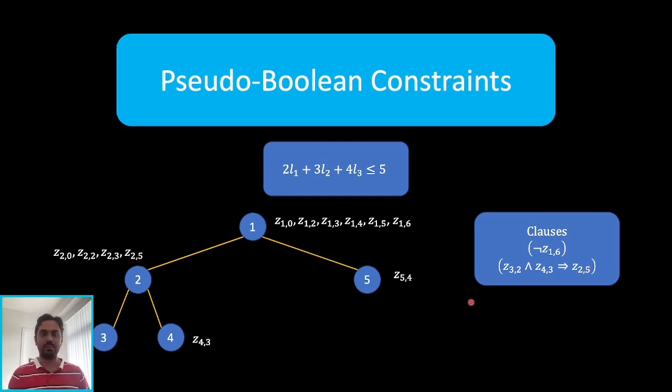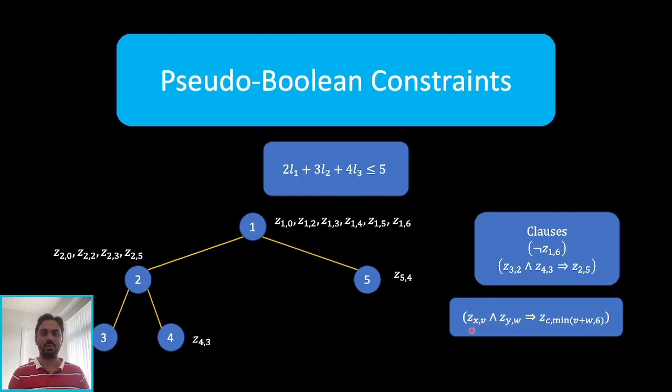In general we can have clauses like this. At node x the sum value v Boolean is on, and at node y the sum value w is on. If these 2 are on, then that would imply, at the common ancestor node, the minimum of v plus w.